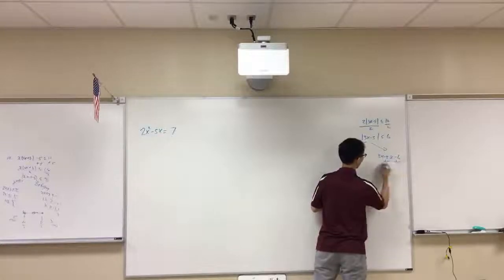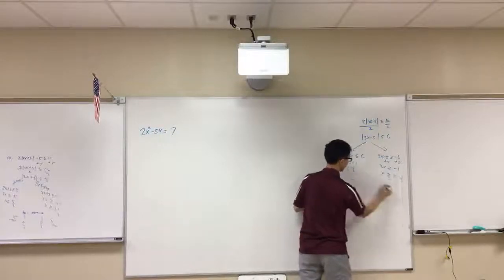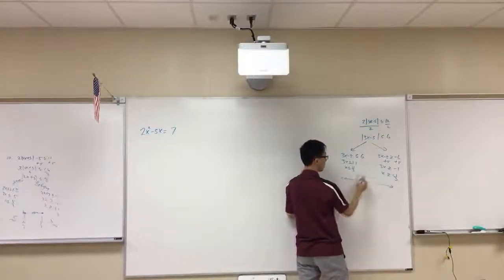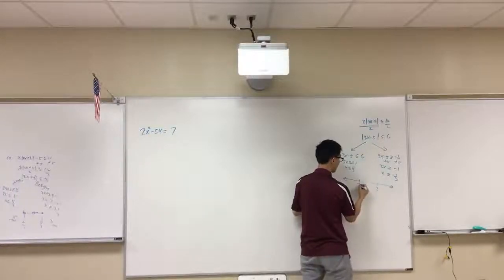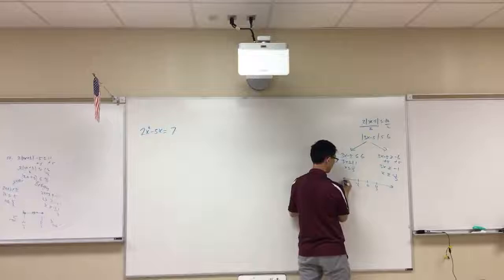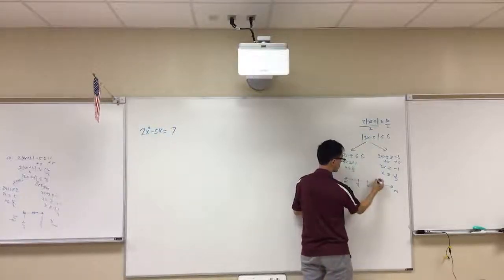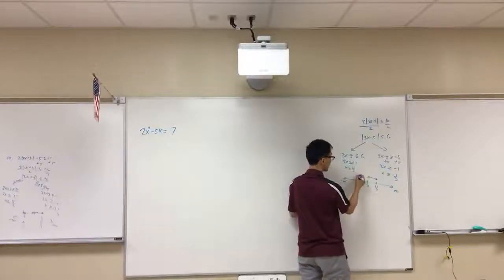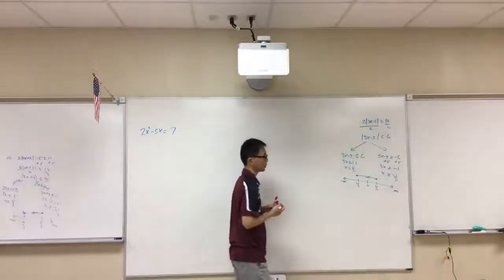Plus 5, plus 5. 3x greater than negative 1. x greater than negative 1/3. This one's 11/3. This one's negative 1/3. 0, negative infinity, infinity. So less than 11/3, so it's going to be a solid circle going this way. And this is a solid circle going this way. And that's going to be the solution.